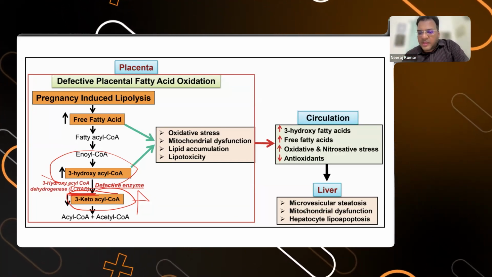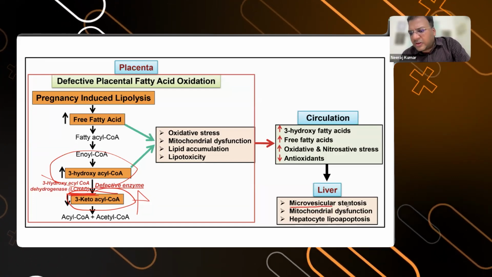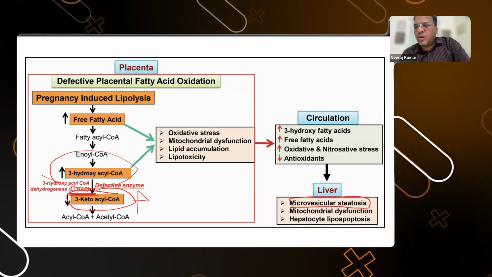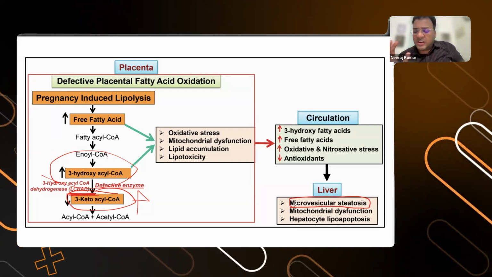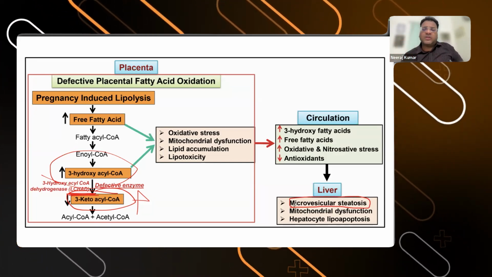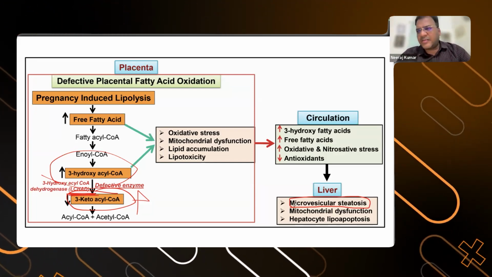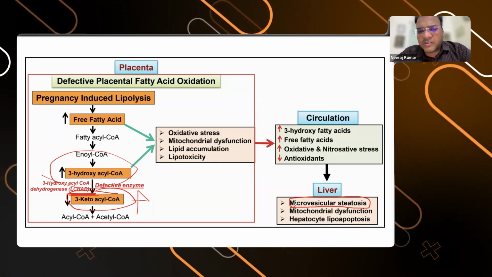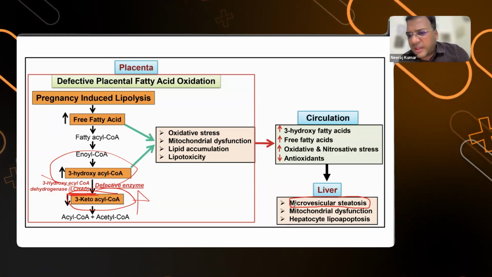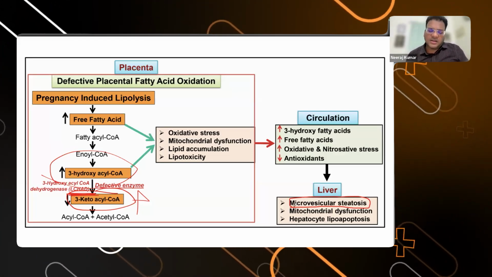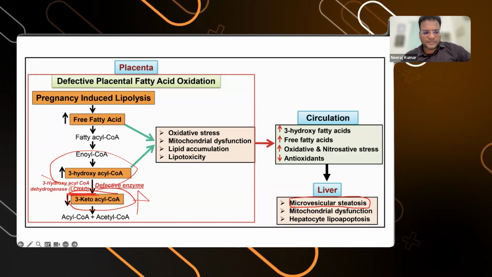They used to ask which kind of steatosis is there, macro or micro. Only microvesicular steatosis is there if you do a histopathology of the liver. So here, in brief, is the mechanism. If you answer well about this free fatty acid oxidation and the deficiency of the enzyme LCHAD, then I think you may get good marks.